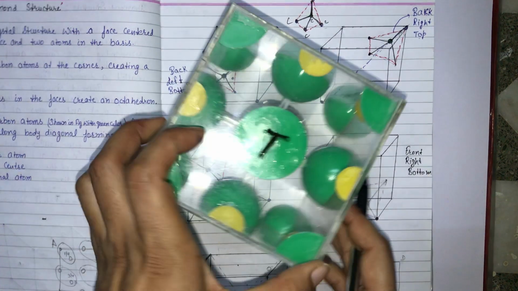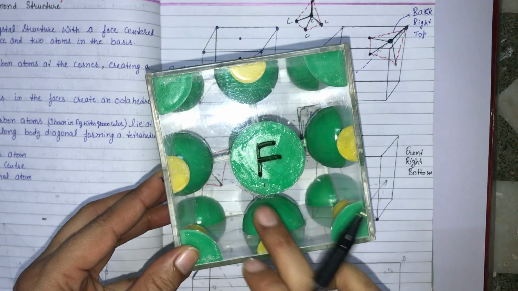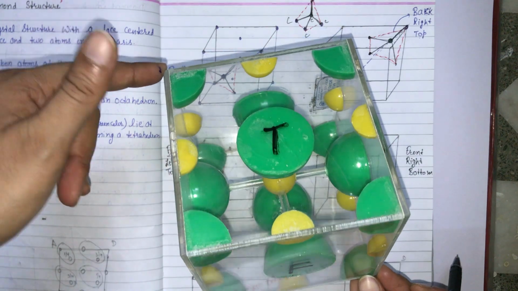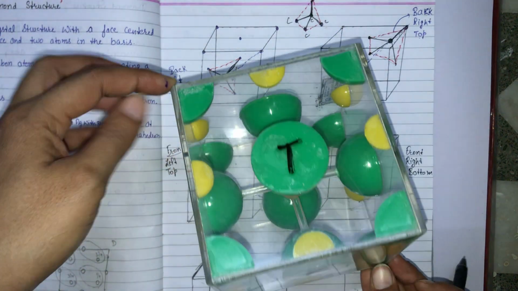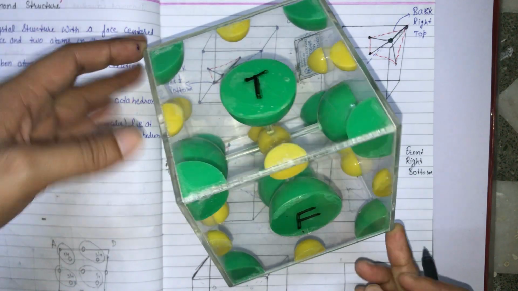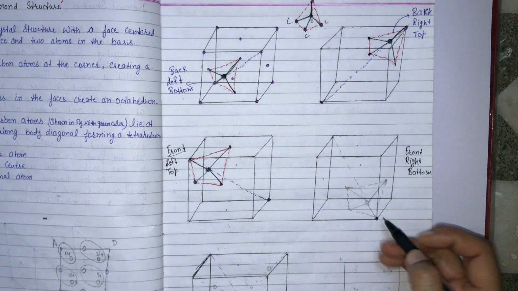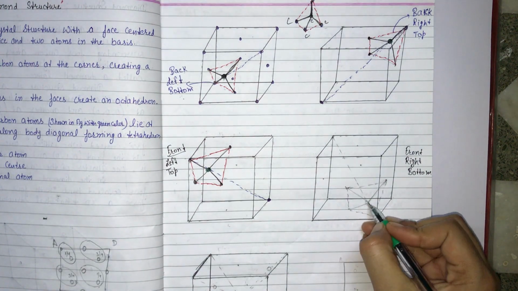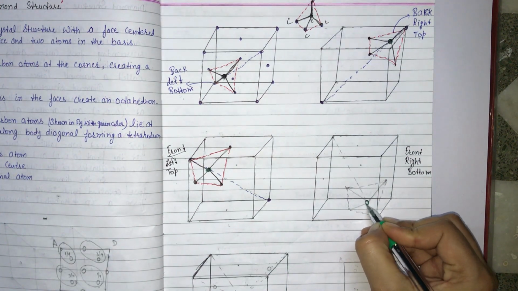You can mark this body diagonal as this is front, bottom, right, then this is back face, top. So this makes a body diagonal. Clear? So carbon atom location will be from this point. Carbon atom is located at this 1/4 along the body diagonal.